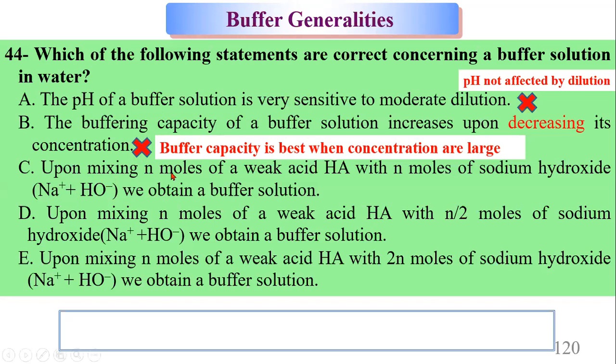Okay, upon mixing, part C, upon mixing n moles of a weak acid with n moles of sodium hydroxide, what will happen, guys, if I have the same amount of acid and OH minus? If I have equal amounts of moles, n moles of acid and n moles of OH minus, all of the HA will become A minus, right?